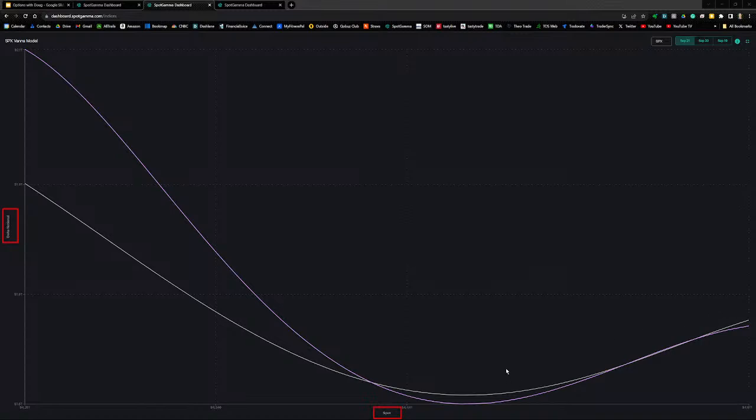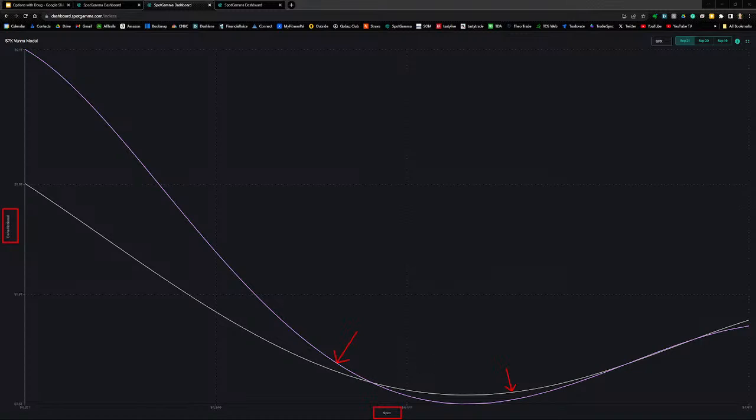There are two curves on this chart. The light gray curve shows how market maker's delta notional changes with changes in price only. And then the purple curve adds implied volatility to the equation. That's showing how market maker's delta notional changes with changes in price and implied volatility.